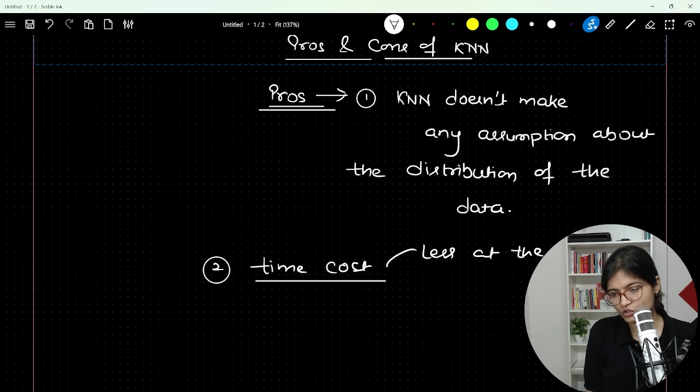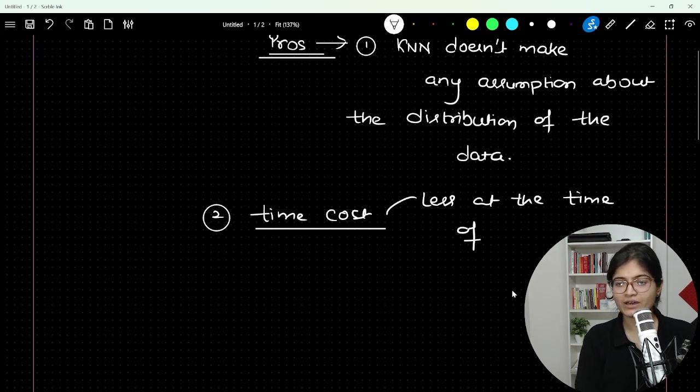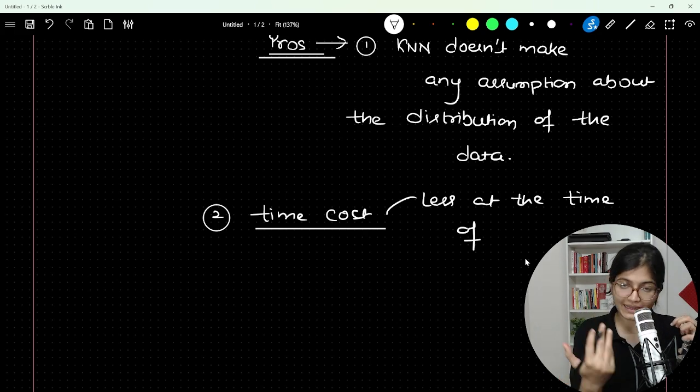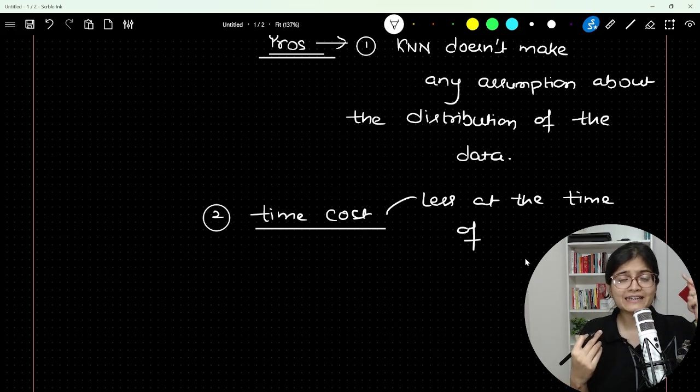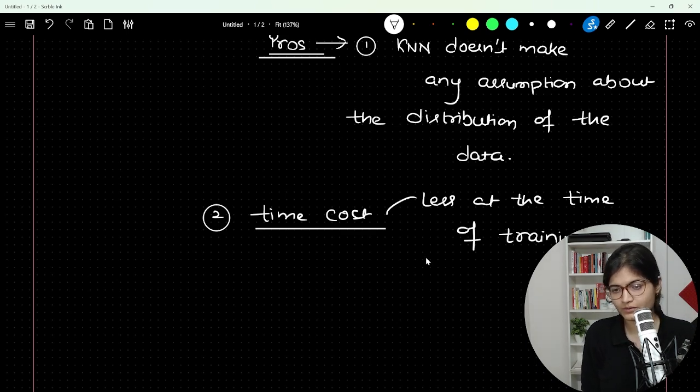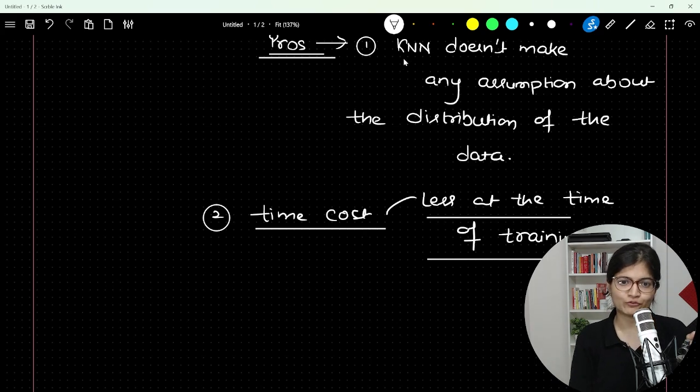When you are training your model, in the model training phase of the complete life cycle of a machine learning project, whenever you apply the KNN algorithm, it instantly gives you the results. I will talk about the major reason behind that as well, but at the time of training specifically, it gives a lower time cost.